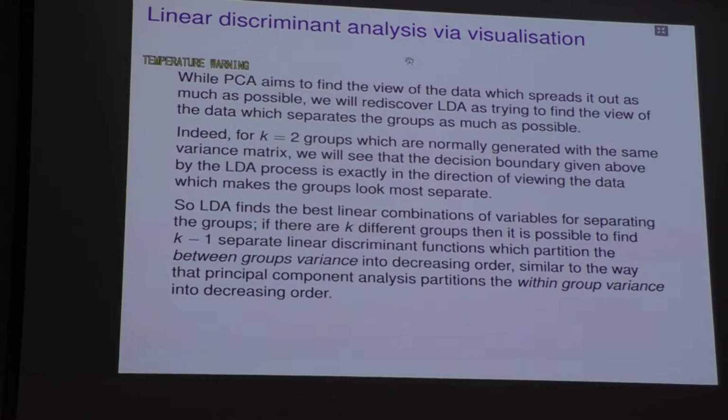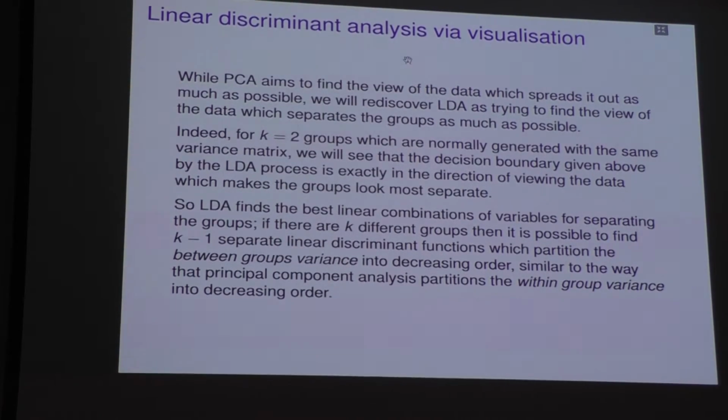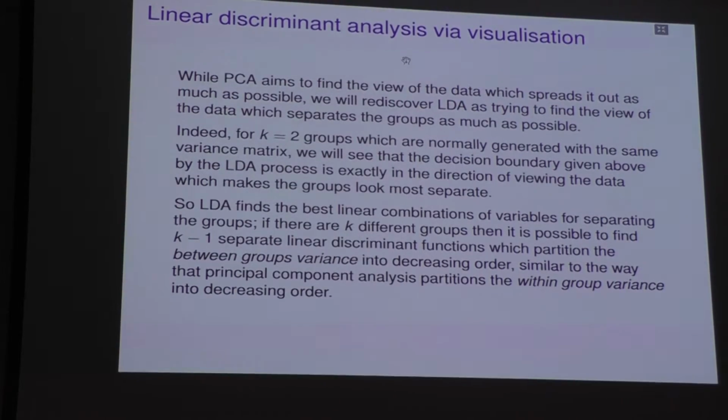And if we have only two groups, what we're going to see is that the direction of projection is exactly the same as the line that came out of our early analysis, and the discriminant function here, (mu1 minus mu2)' sigma inverse (x minus mu), is exactly what comes out of this alternative analysis.